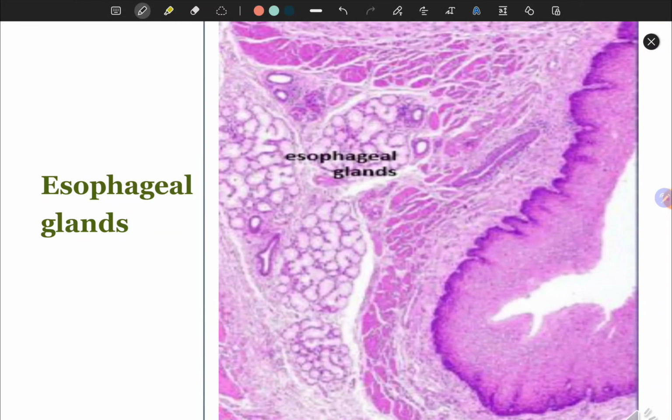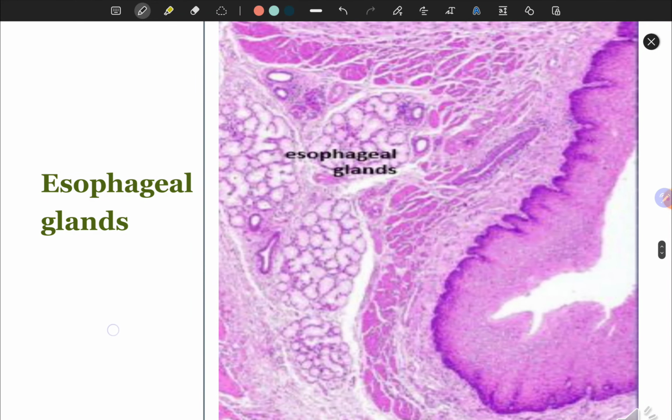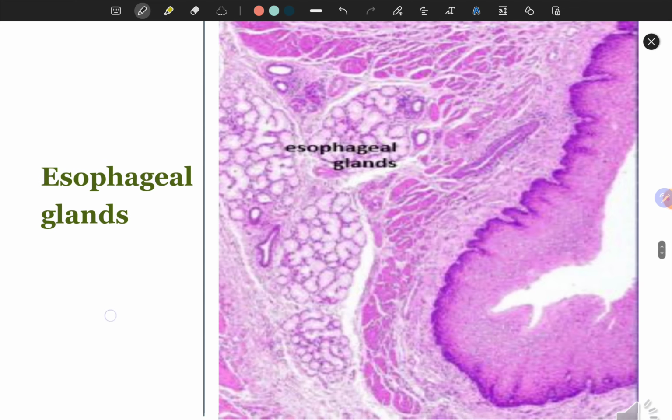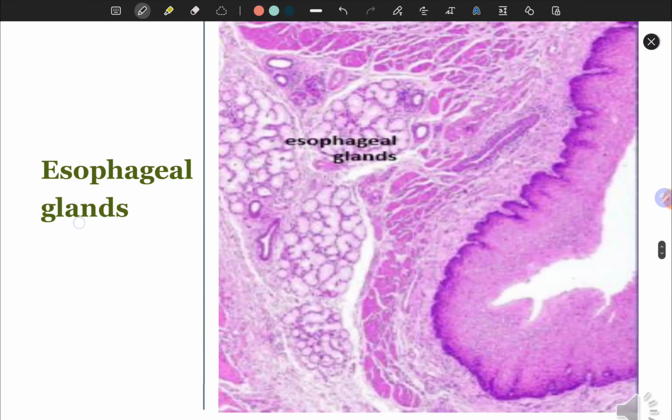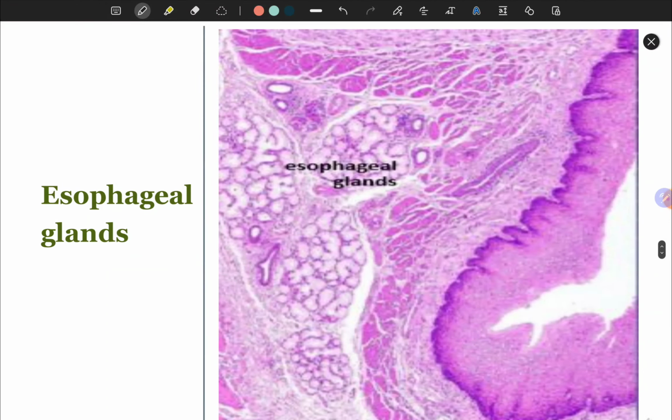Here again, another slide for the lumen of the esophagus. This is the lumen, this is the epithelium. This intense violet-colored part of the lumen is the full thickness of the epithelium. The mucosa includes the epithelium, the lamina propria under high power, and this thin strip of muscle, somewhat reddish in color.